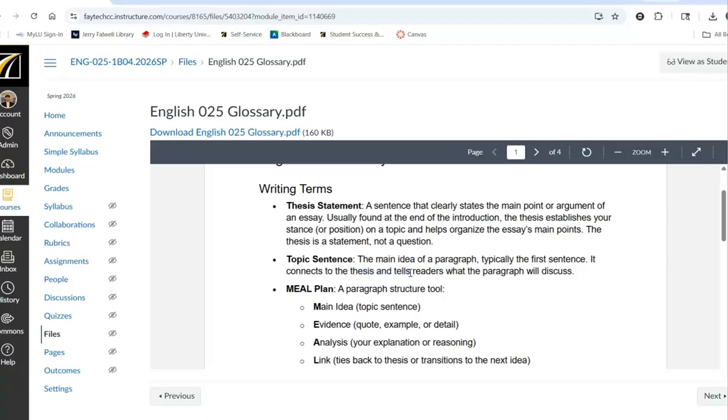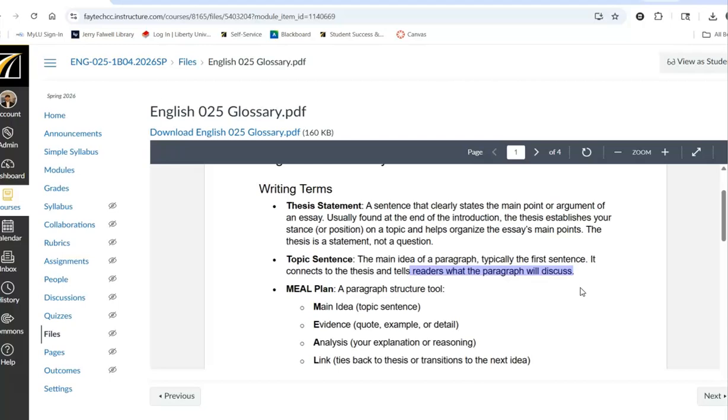The other thing the topic sentence does is that it tells readers what the paragraph will discuss. Now, when we say that, you're not going to state it explicitly in the sense that you say something like, this paragraph will discuss this. You leave that "this paragraph" language out.